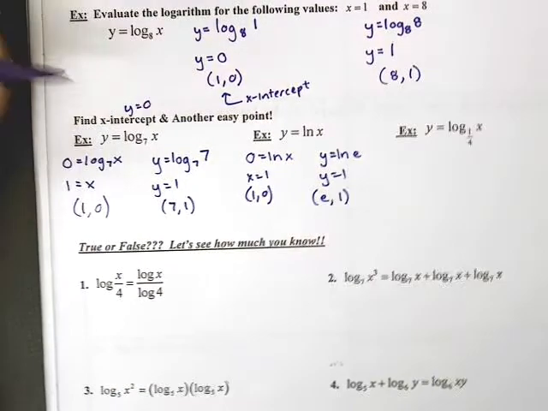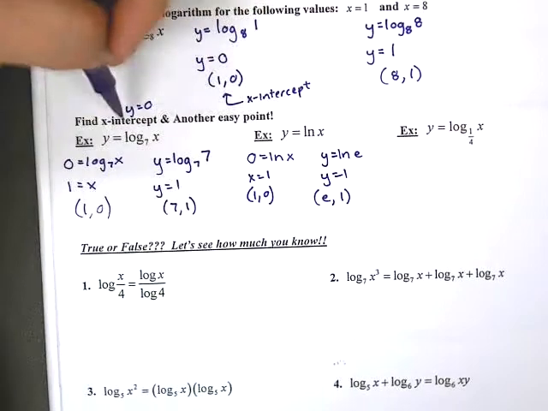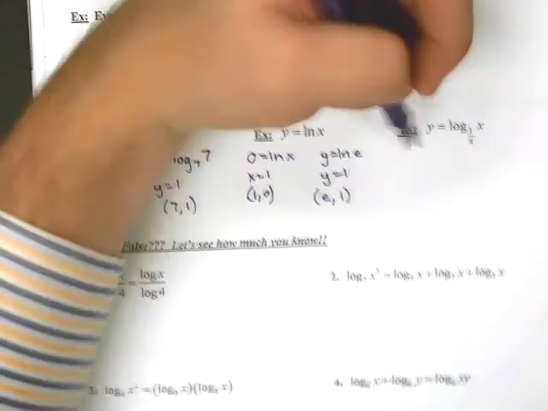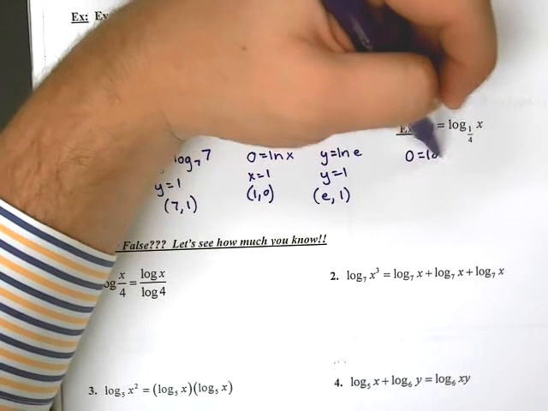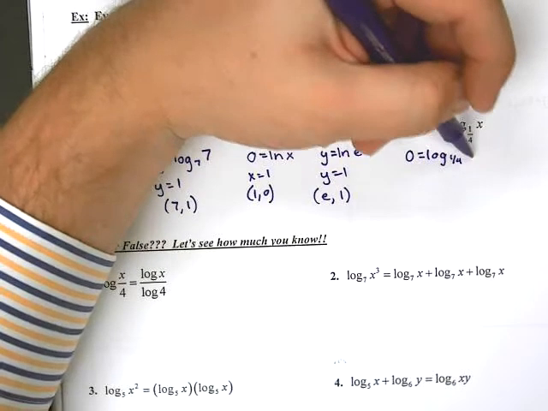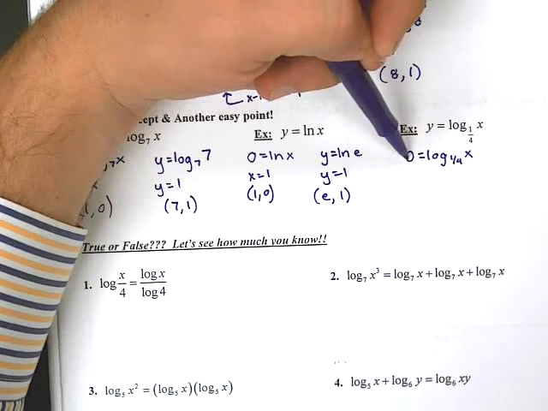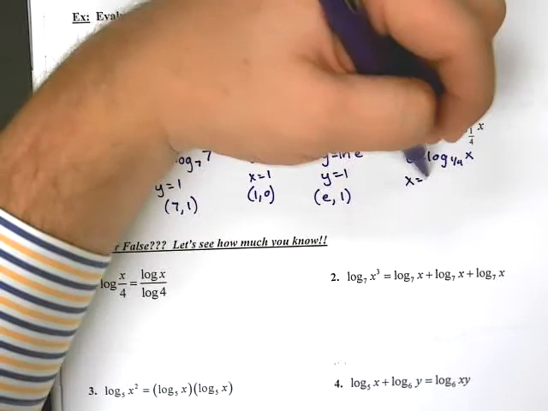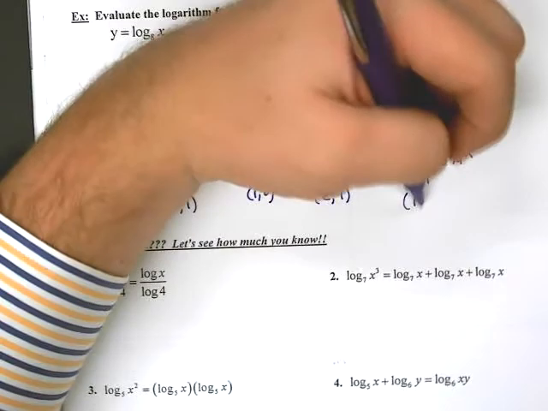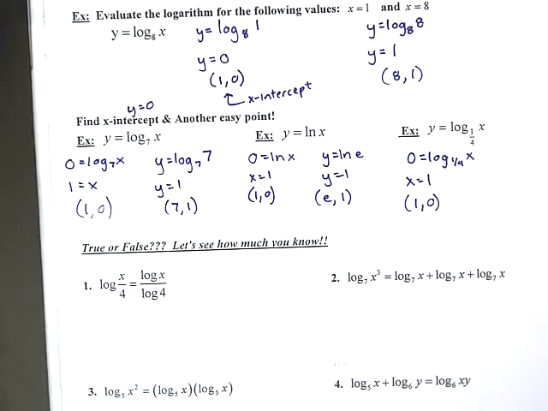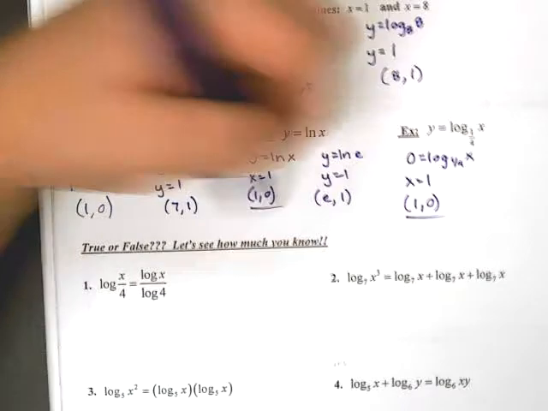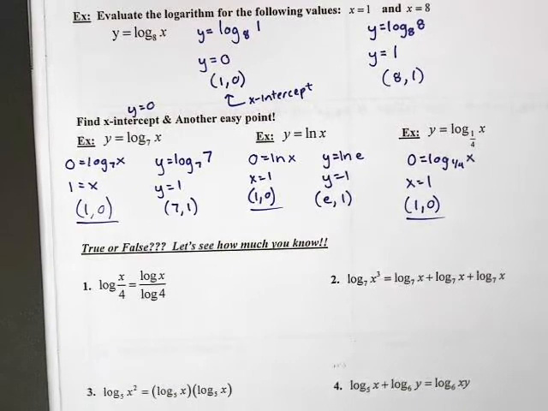All right, last one. We want the x-intercept first, so that means we need y to equal 0. And we know 1/4 to the power of 0 is 1. So x equals 1, which means, once again, I have a nice point at (1, 0). All right, please notice that.